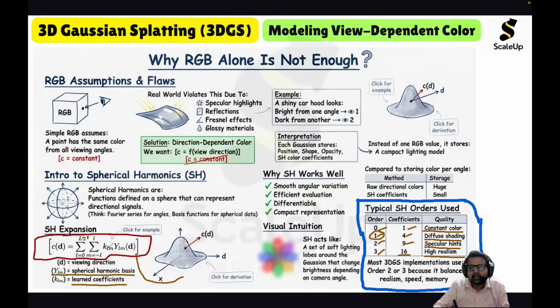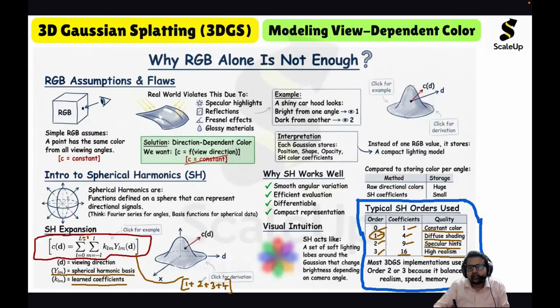And what it will do is that when the degree is 1, we will have 4 coefficients. So here 4 products we will add. For the first coefficient, the spherical harmonic basis that we will get from the spherical harmonics, I'll add with the second coefficient multiplied by its spherical harmonic basis, then the third coefficient and the fourth coefficient. So this we did.